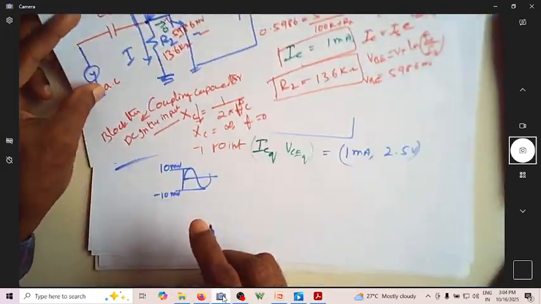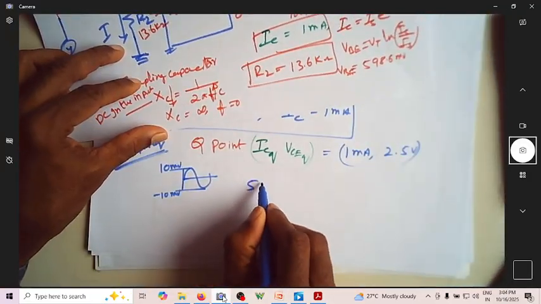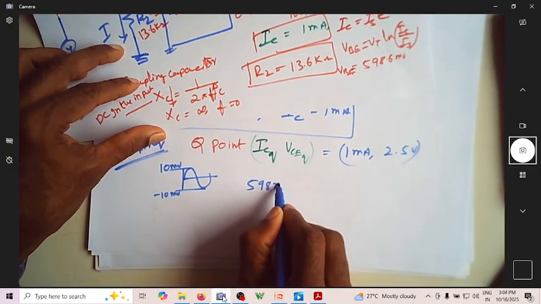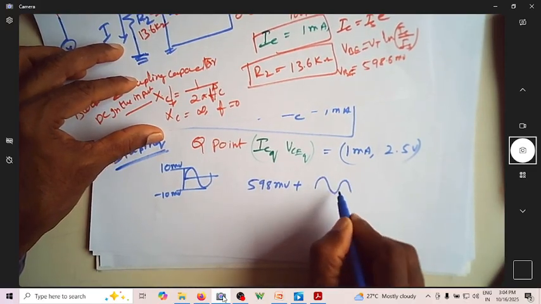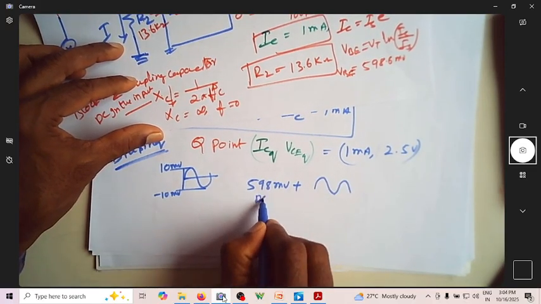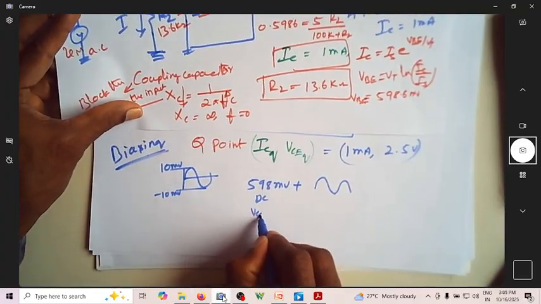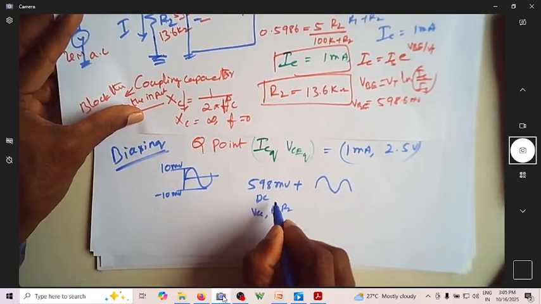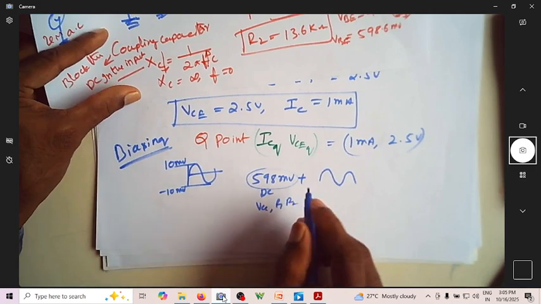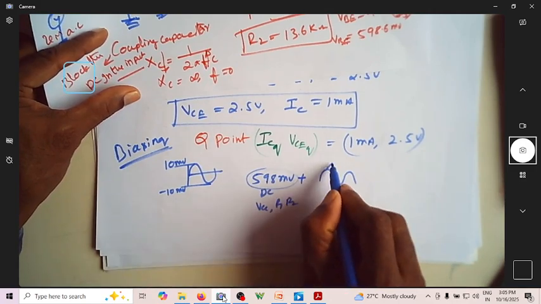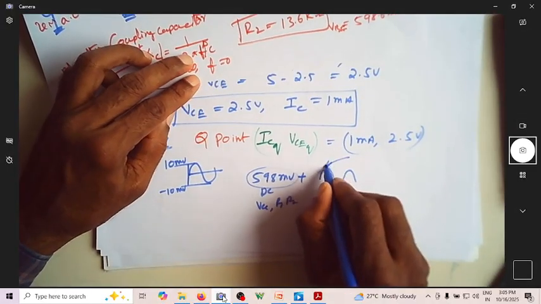When it comes over here, this is actually 598 millivolt plus this sine wave, because this is the DC. Due to VCC and R1 and R2, I'm getting 598.6 millivolt. And because of this input voltage, this is going up. So at this point, what are the voltage?